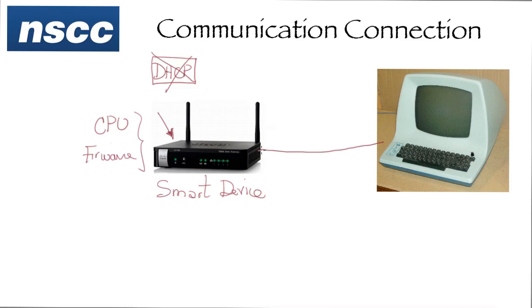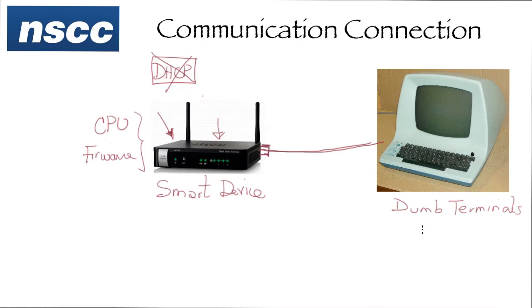Years ago, we used to connect such devices to things called dumb terminals. Because these smart devices, they don't have any way for a user to input commands or to look at the output. But they do have a communications port on them.